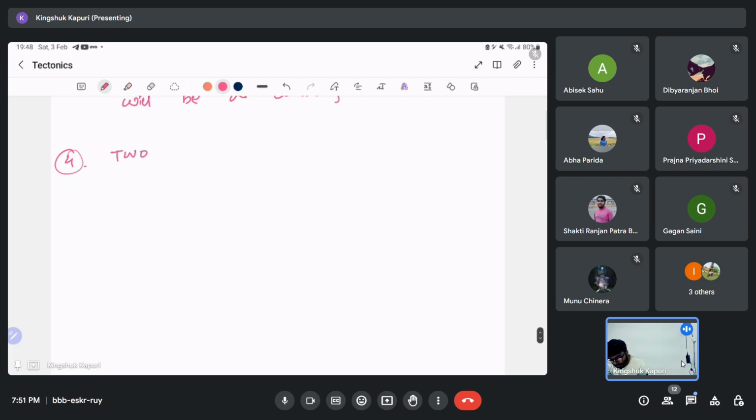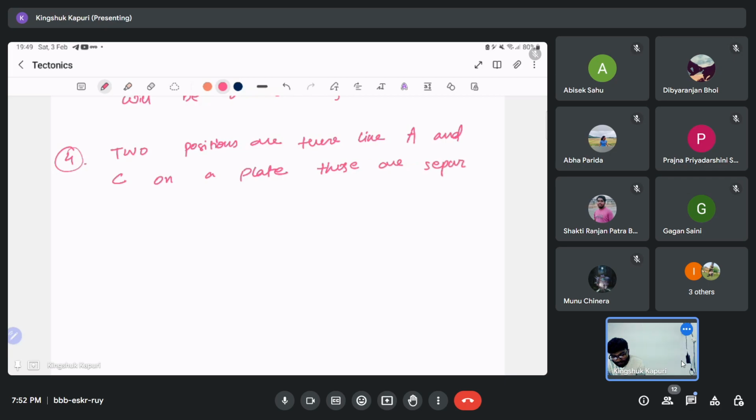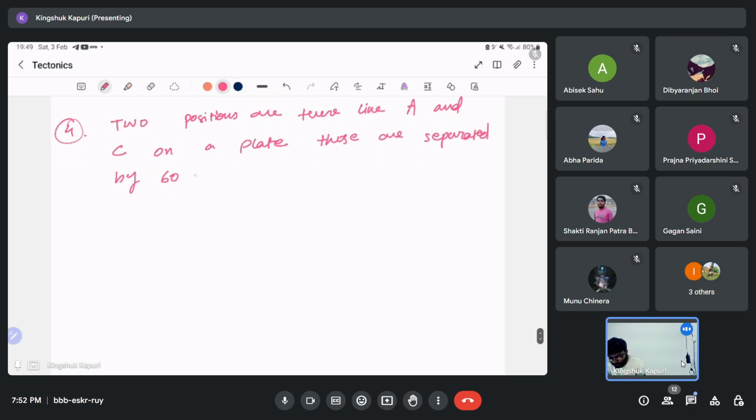So let's suppose there is a plate, okay? I will just not draw the answer. So two positions are there, like A and C on a plate. Those are separated by, let's say, 60 kilometers.